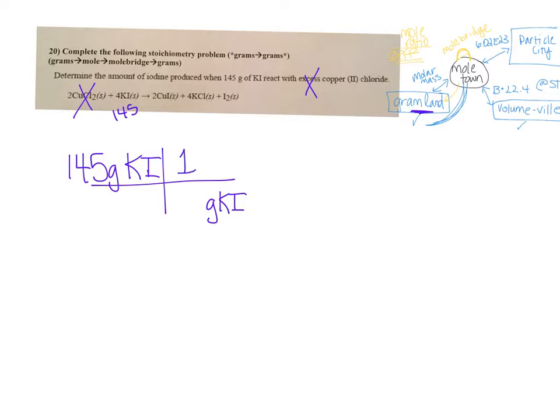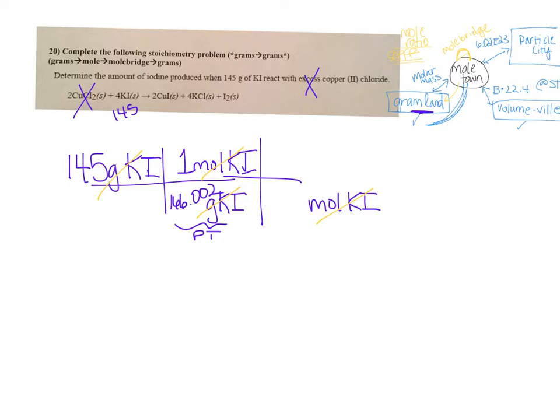So I know that 1 mole of potassium iodide has a molar mass of 166.002, and I got this from the periodic table, right? All right, now I'm going to take words down to the right, because we're still trying to cancel things out. So now I've just done that.